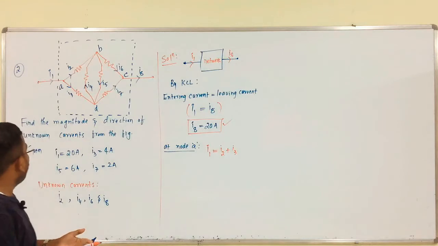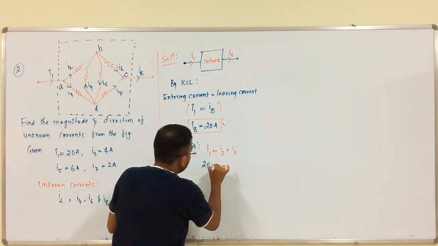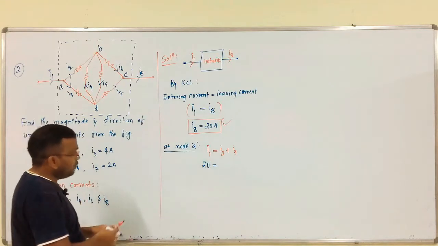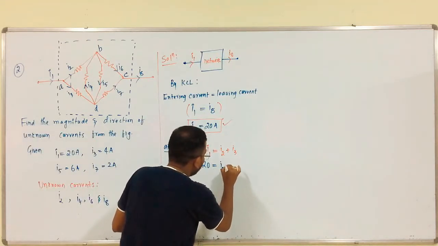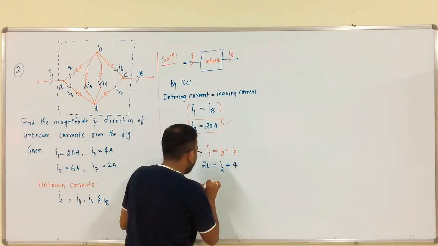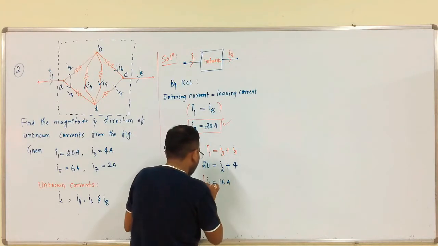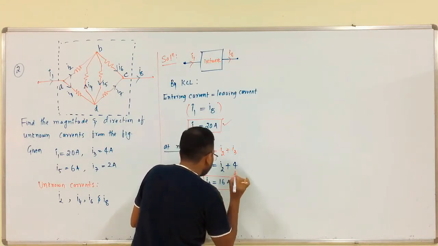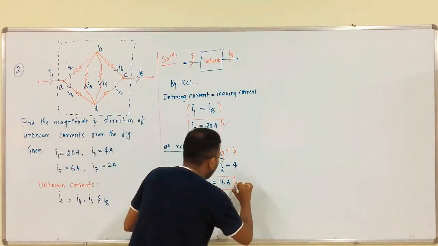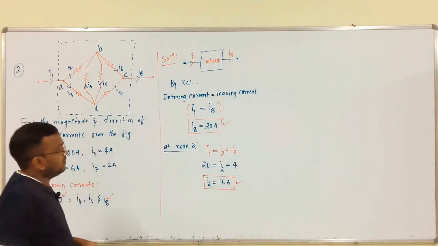The value of I1 is given, 20 amps, which is equal to I2, which we have to calculate, plus I3, which is given as 4 amps. So from this, I2 is equal to 16 amps. So we got I8 and I2. I2 is completed, I8 is completed.